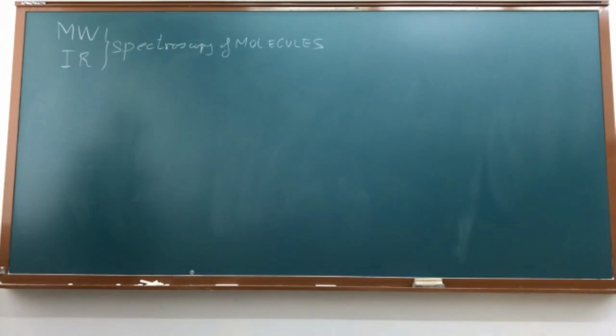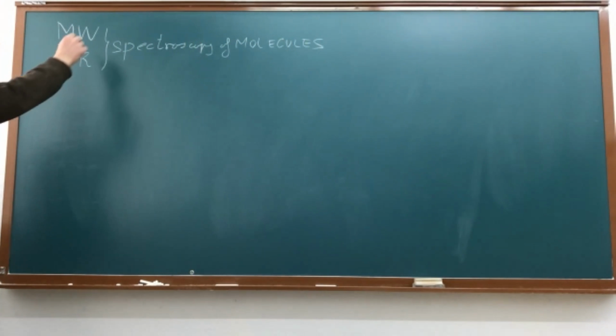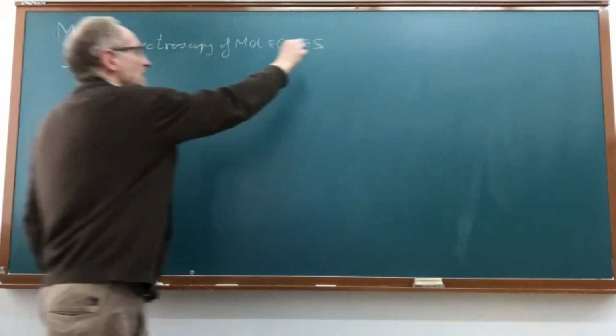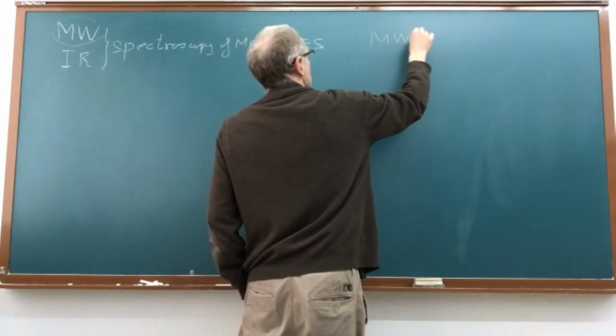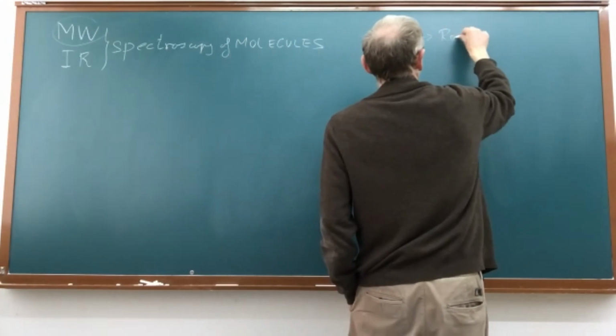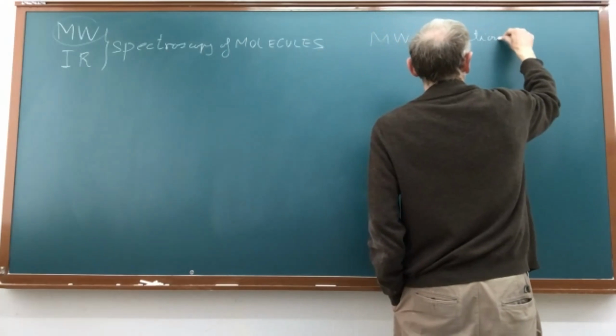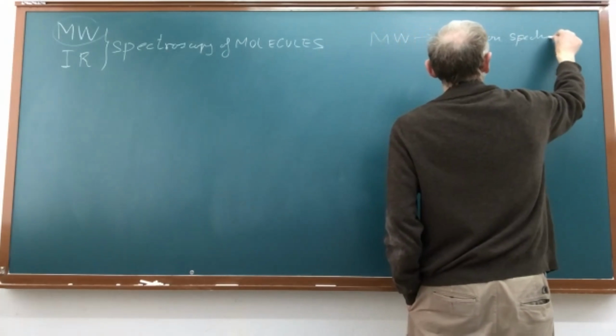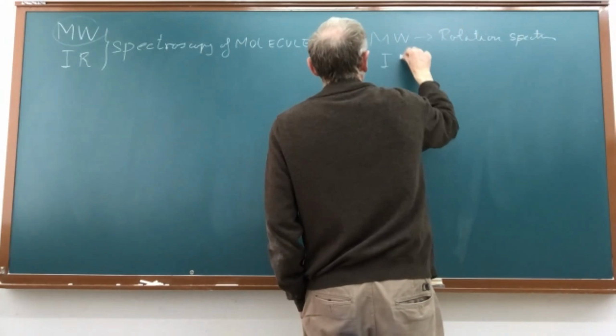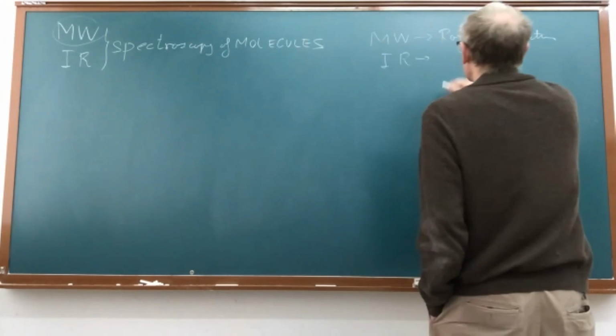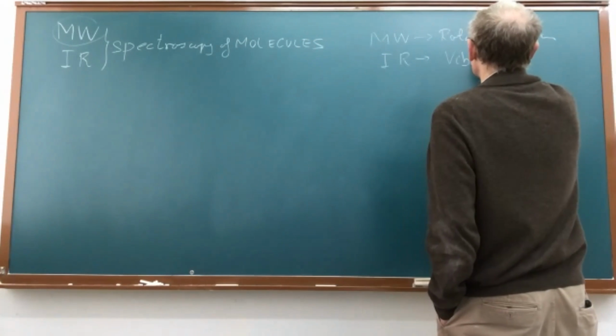Okay, now the first thing you have to know is that the microwave is related to the rotational spectrum, the rotational spectrum of a molecule. And infrared is related with the vibration spectrum.